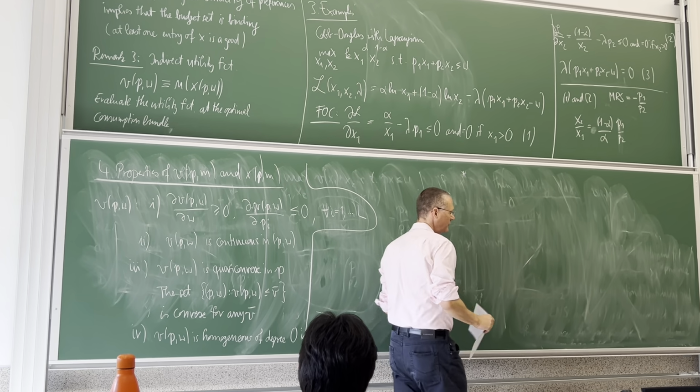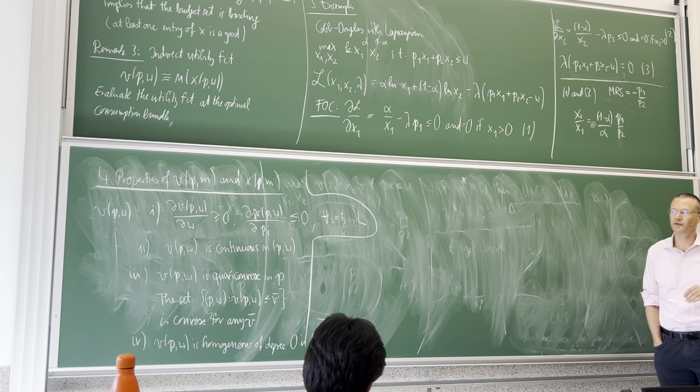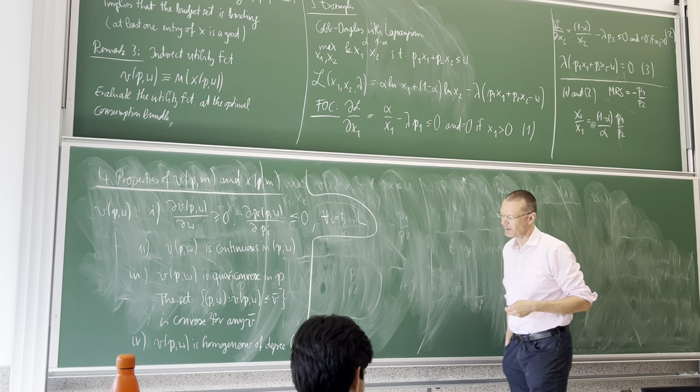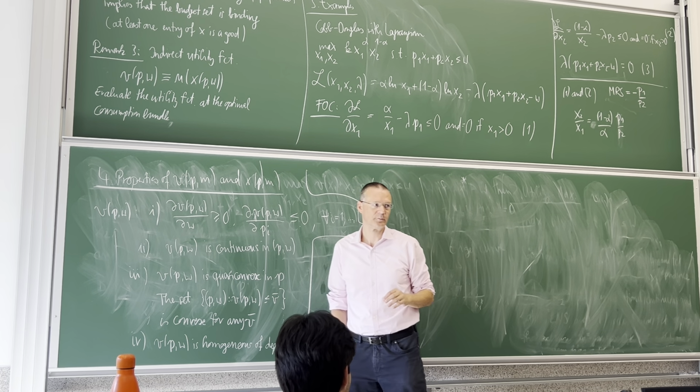Usually if you increase prices, the consumer will change the consumption. So if he changes the consumption, he's actually better off. So if I give him twice the prices and twice the income, he can also sometimes get better.